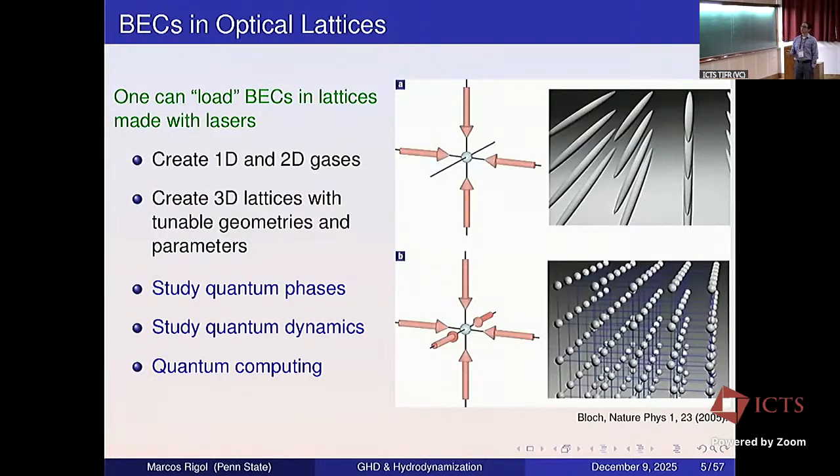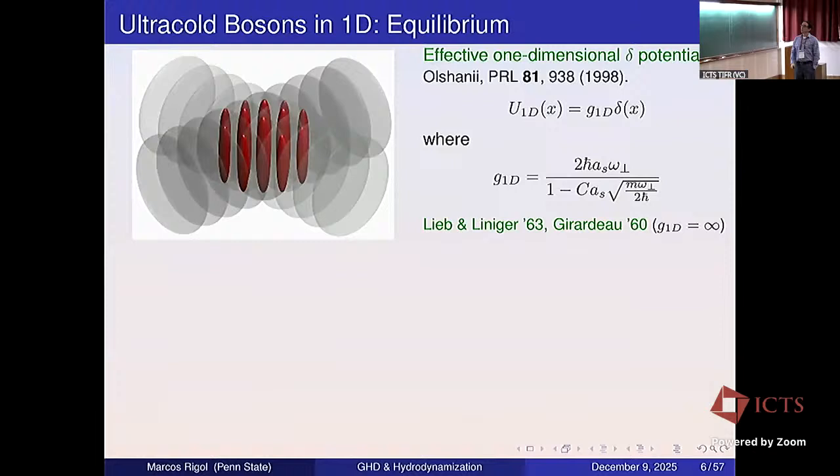So what happens when you get these very cold atoms in 1 dimension? Well, they are very cold, and they are bosons. I'm going to be having in mind bosons in this talk. In 1 dimension, they interact by a contact interaction. Important in the experiments is that they can control that contact interaction.